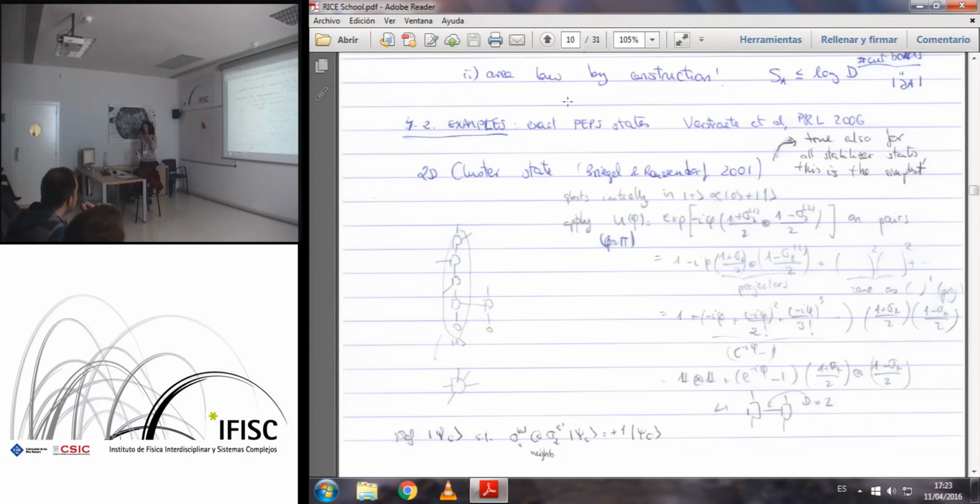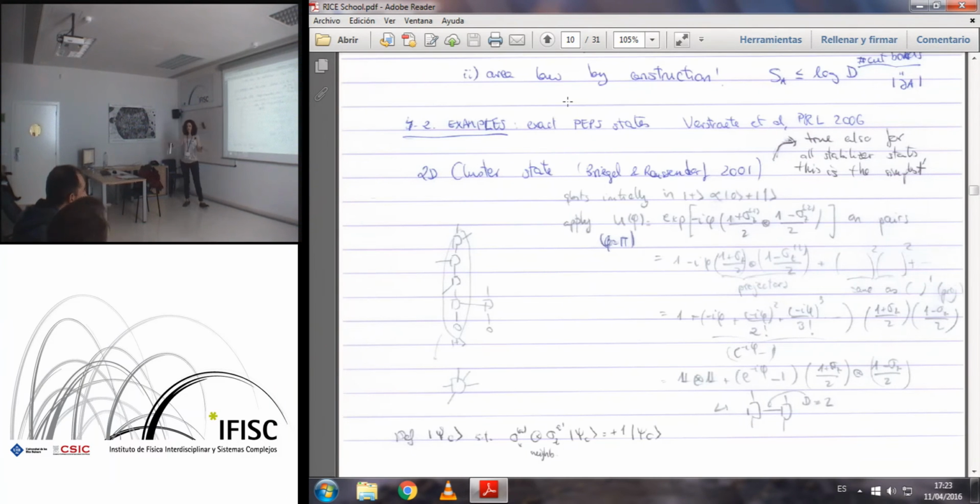So it's a state that has a lot of entanglement, or useful entanglement for quantum computation, if you want to be more precise. It can be constructed in this way. So you can just start with a product state where you have some system. Say you have a two-dimensional lattice in this case.